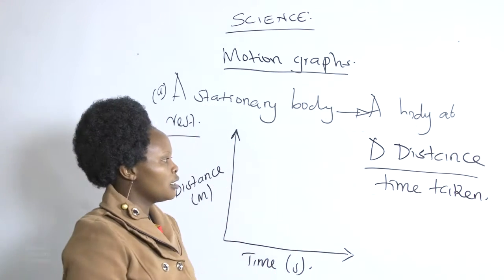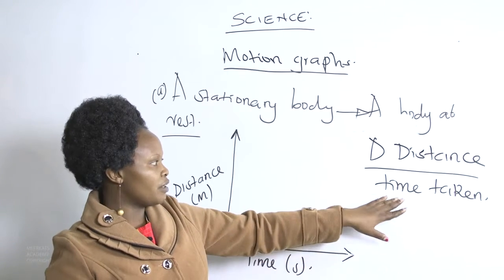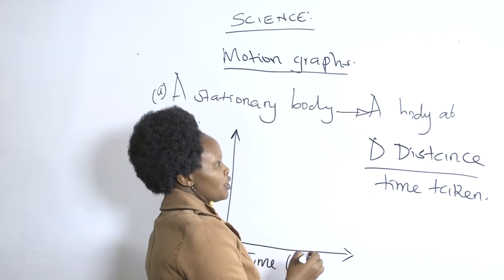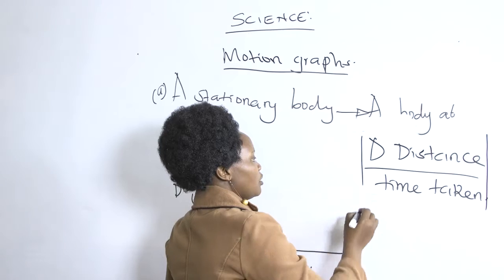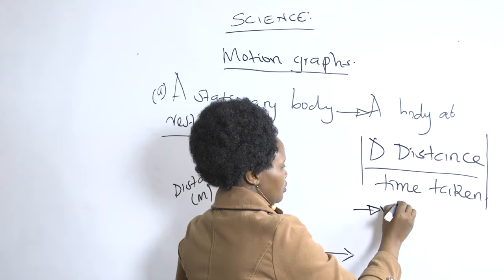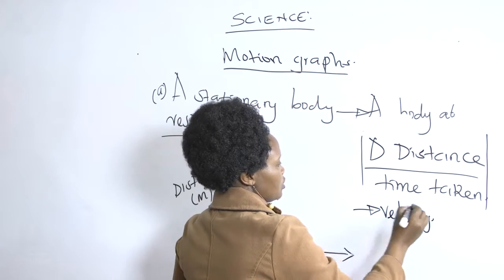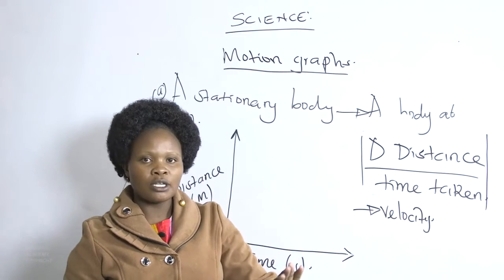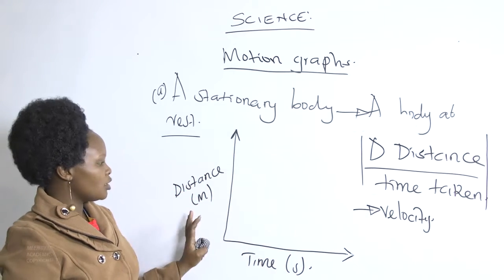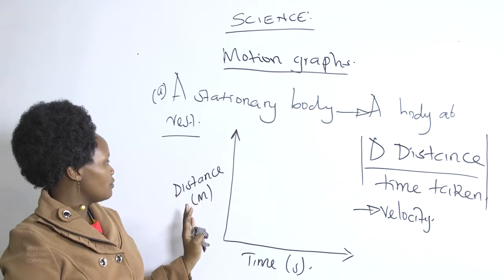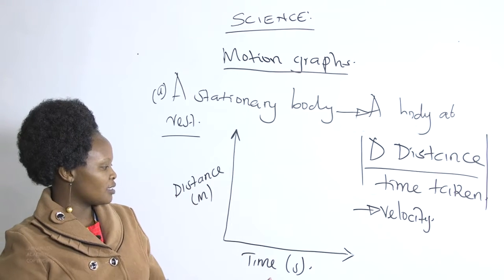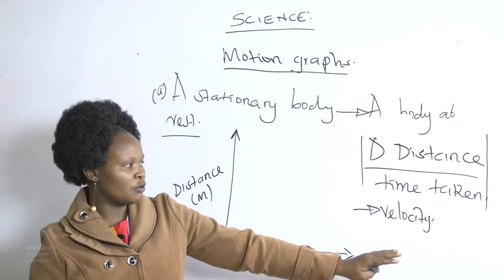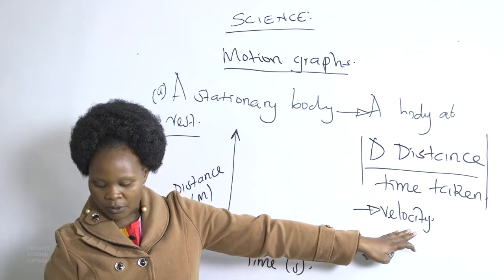And if we go back to the terms that we defined at the beginning of this chapter, we see that this particular formula will give us velocity. Velocity is distance over time taken. So if you plot a motion graph of distance against time, the gradient of this graph gives you the velocity of the body.